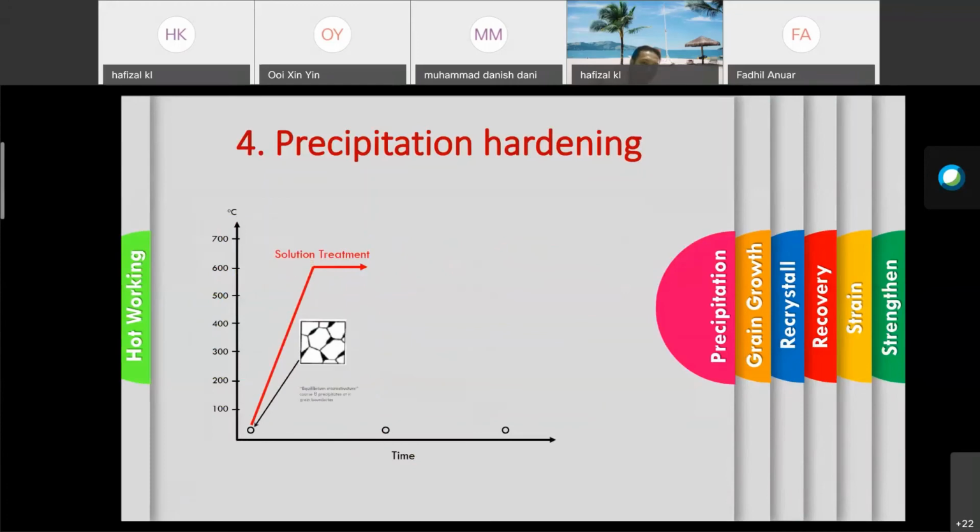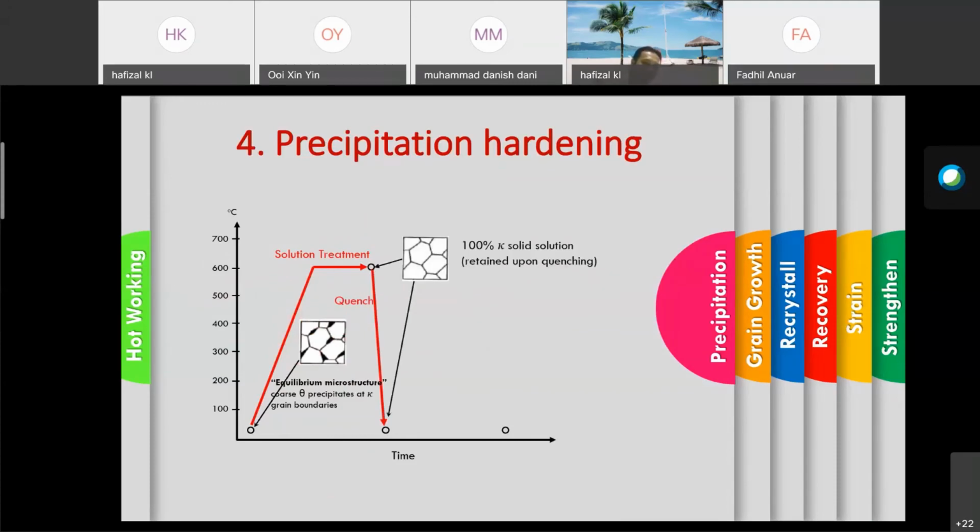The first one is when we increase the temperature to a certain level, the material will start to heat, and at a certain level, we call it the solution treatment. As you can see, the grain boundary size is something like this. Then we do a process we call quenching.